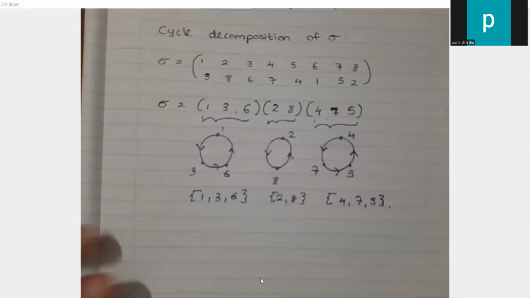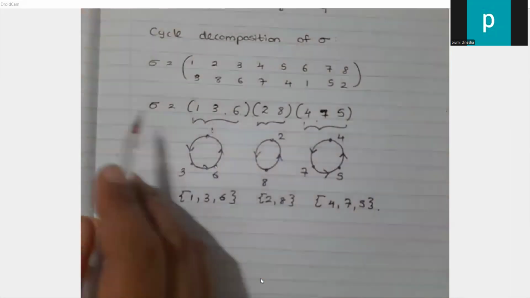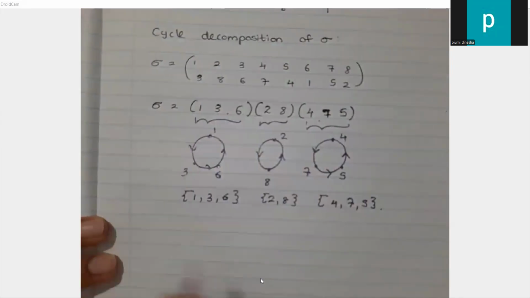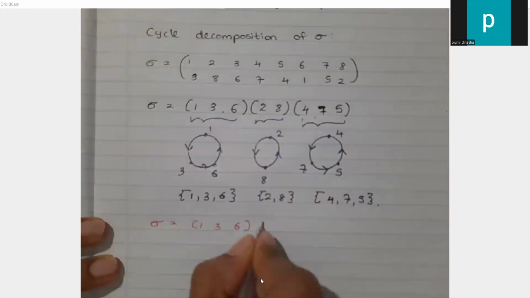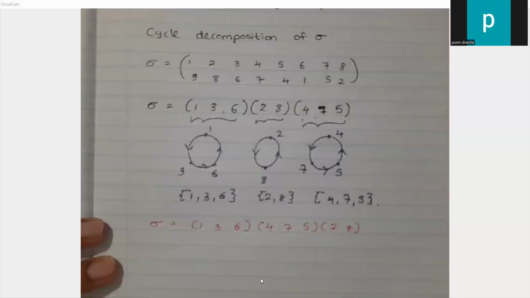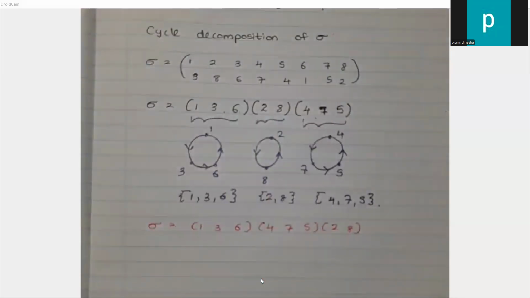Okay, now I want to make a slight remark over here. Now this is the cycle decomposition of sigma, right? This sigma I can simply write as 1, 3, 6, 4, 7, 5, and 2, 8, right? Which is the same thing. Now, I can commute these two in the product because this is not function composition. It's simply the cycle decomposition of the same permutation sigma.